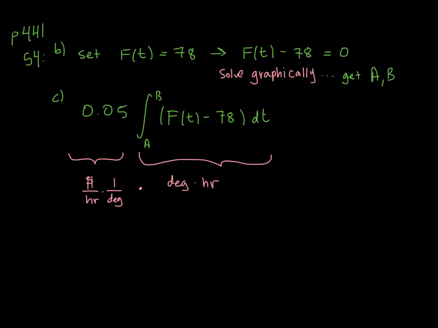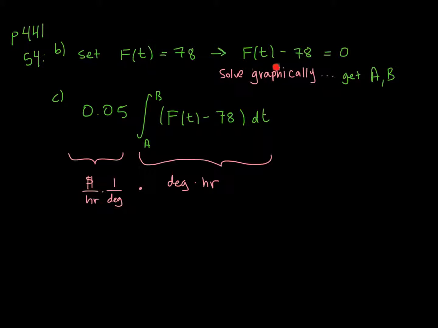All right, so here we have number 54 on page 441. I'm dealing with a function that gives me the temperature, and I want to know in part B when the temperature is greater than 78. So I'm basically going to set my function equal to 78 and solve for t. Really what I want to do is find out when f of t minus 78 is greater than 0, or set it equal to 0 and identify if it's positive between those values.